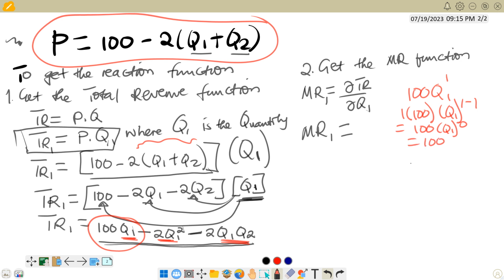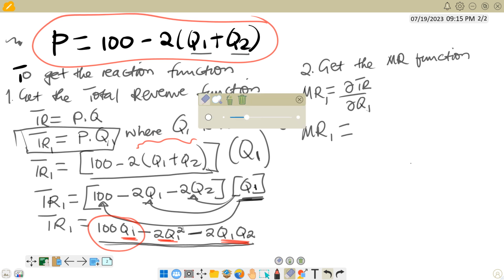It means that differentiating the first part, the 100Q1, with respect to Q1, the answer will be 100. So there we are going to have our 100.